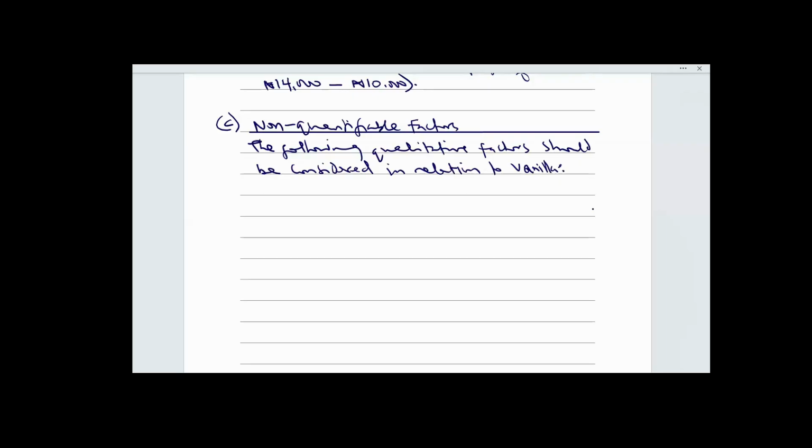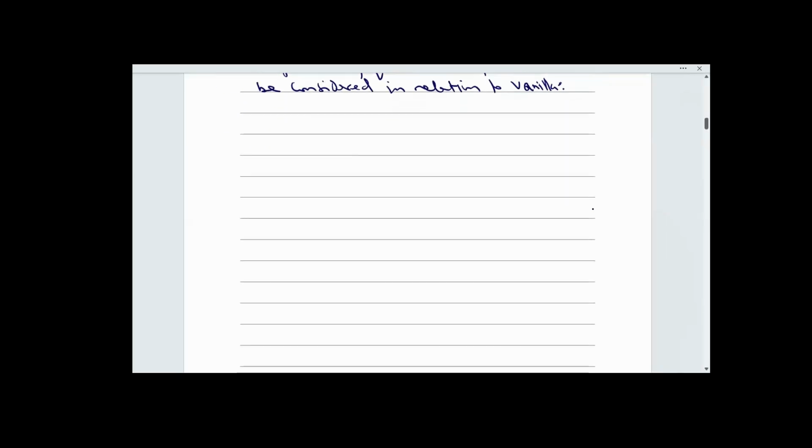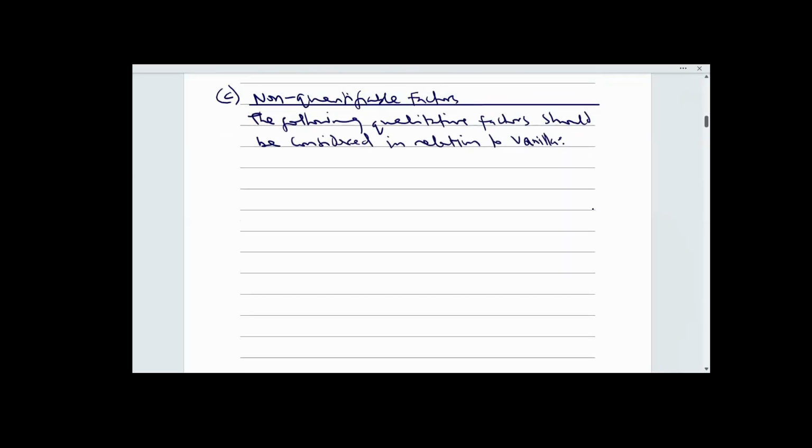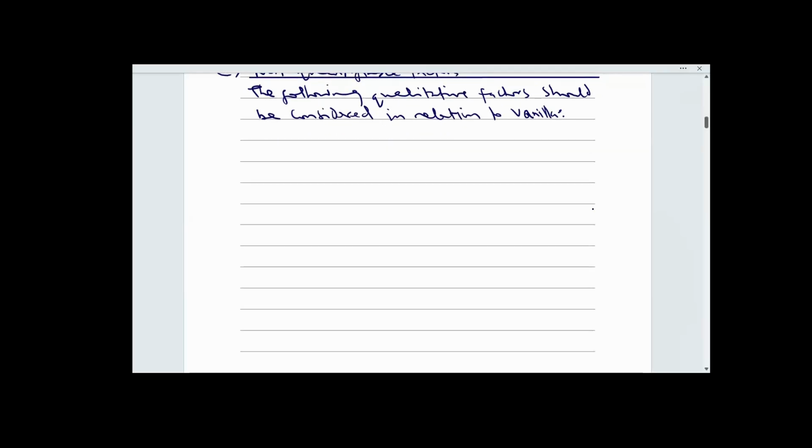Remember, we have advised management that they should discontinue producing vanilla ice cream. So before the final decision is taken, we need to state these qualitative factors. So let's think it through together. They want to discontinue producing vanilla. What are those factors we need to take into consideration? Number one, so we are doing it together. Remember what I said.